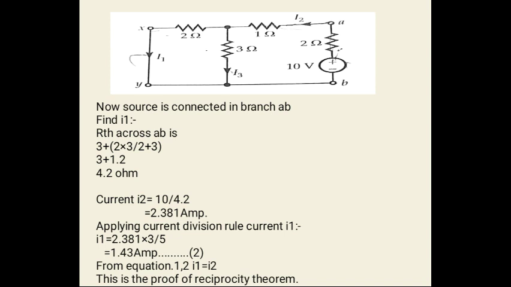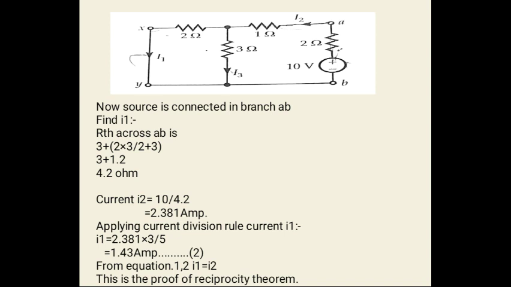Now similarly, we find RTH across terminal AB, or the source terminal. The value of RTH will be 3 plus 2 parallel 3. So its value is 3 plus 1.2 ohm, that is 4.2 ohm. The current I2, or current delivered by the source, is 10 upon 4.2, that is 2.381 ampere.